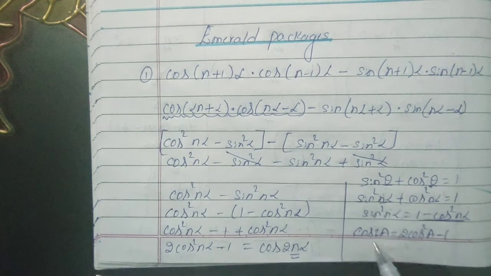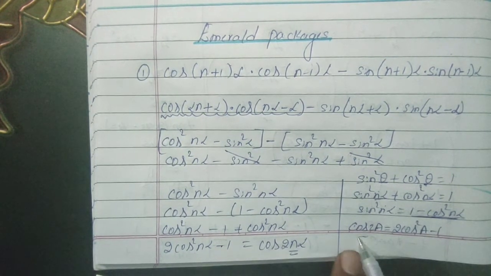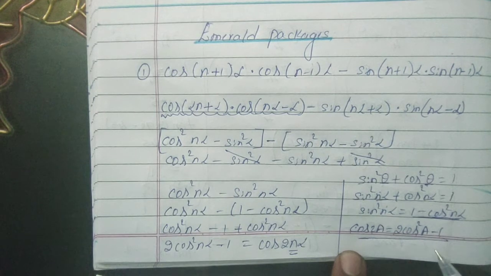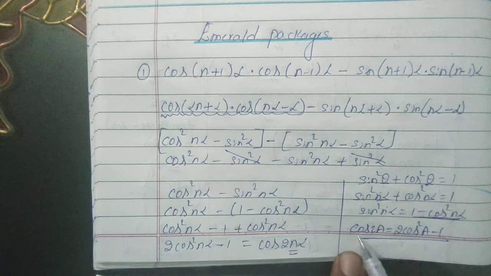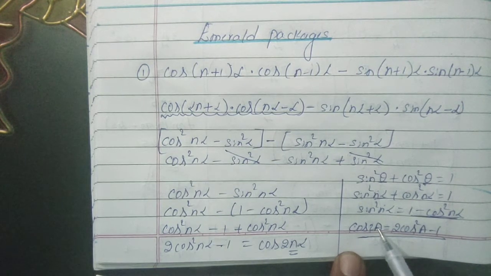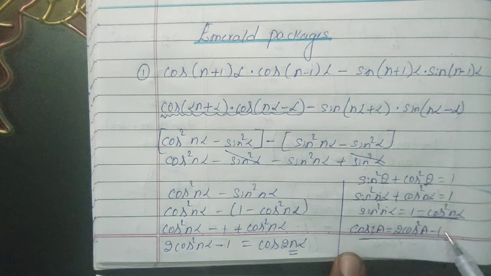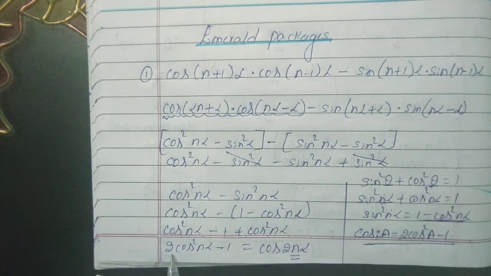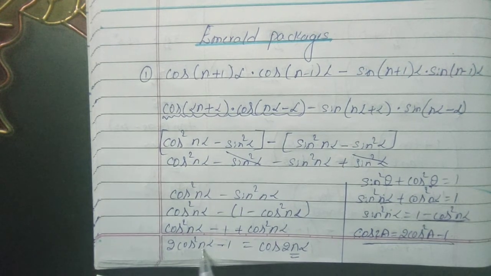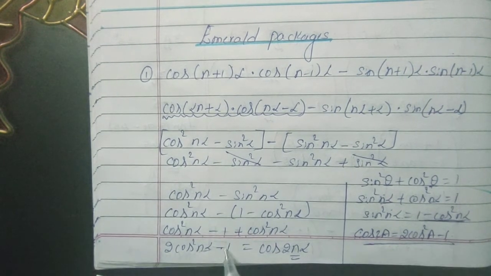Students, it is one more formula which you will learn in the multiples and submultiples lesson. There is one formula, cos 2 theta or cos 2a equals 2 cos square a minus 1. Your answer is in this form, 2 cos square n alpha minus 1.